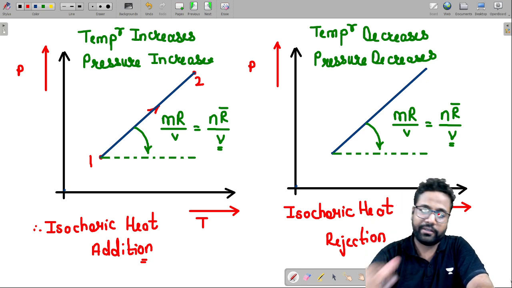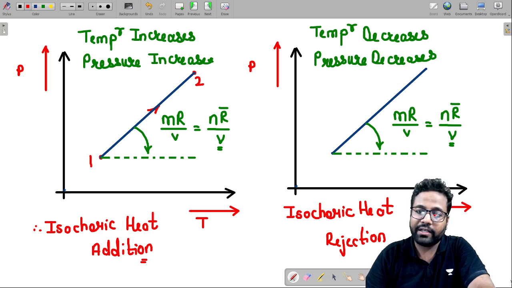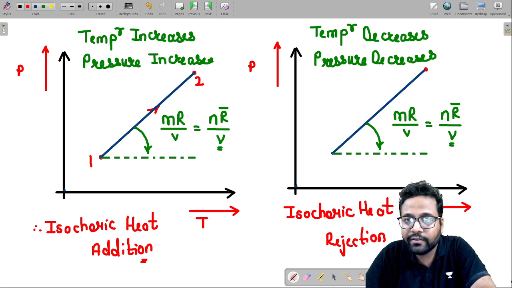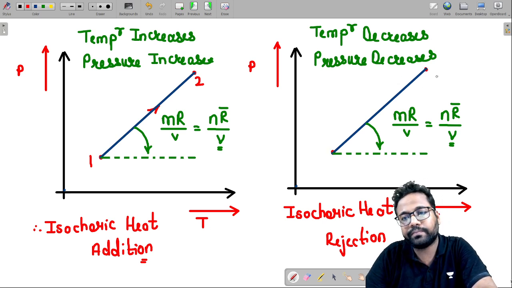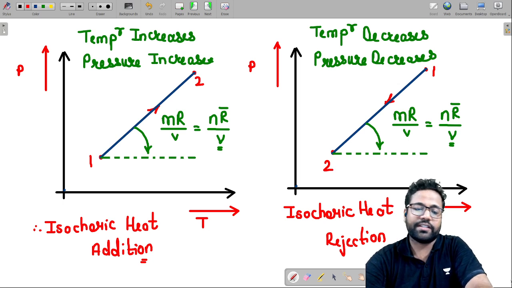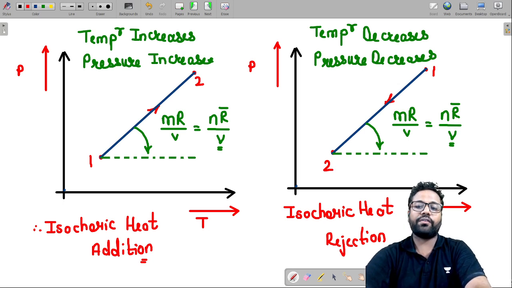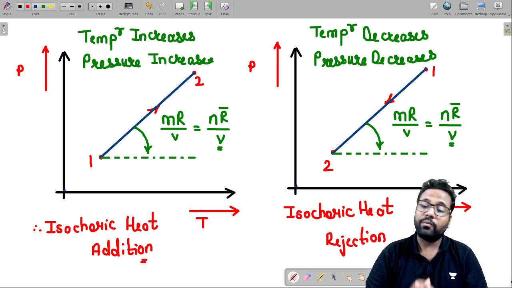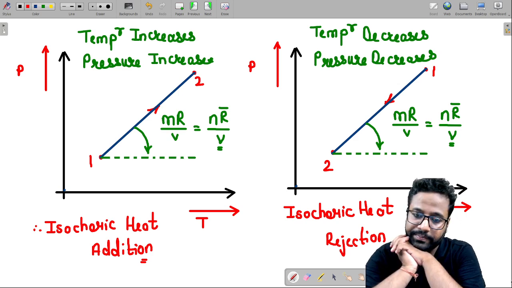So what will be the point? Sir, the pressure and temperature both are decreasing, so this arrow will be pointing towards downward. Is this clear बच्चे? यहाँ तक समझ में आया? So with this I have tried to cover most of the points of isochoric process.